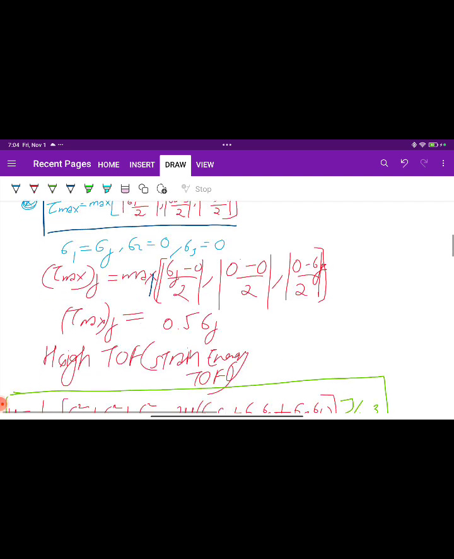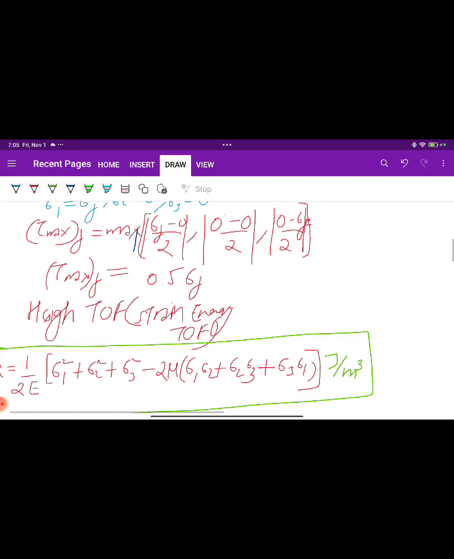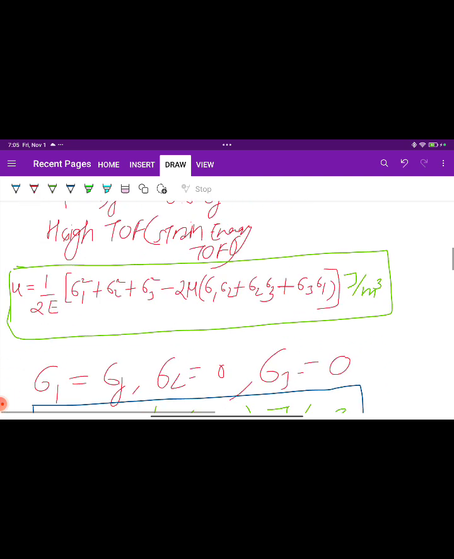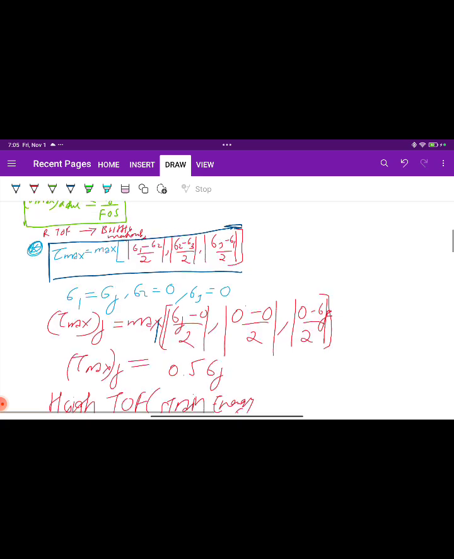At the time of failure, we know sigma 1 is equal to sigma f, sigma 2 is equal to 0, and sigma 3 is equal to 0. And the maximum of these three will be taken like this. Haigh's theory of failure talks about the strain energy.